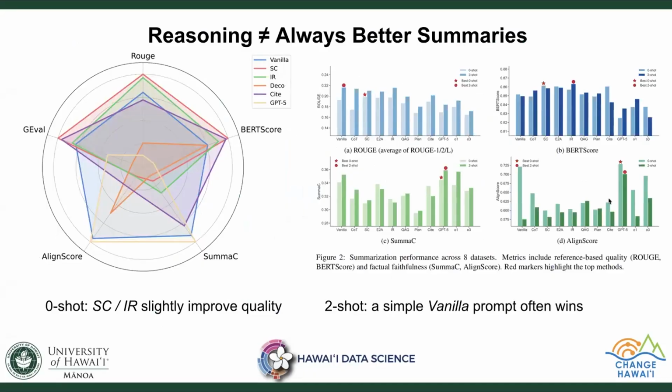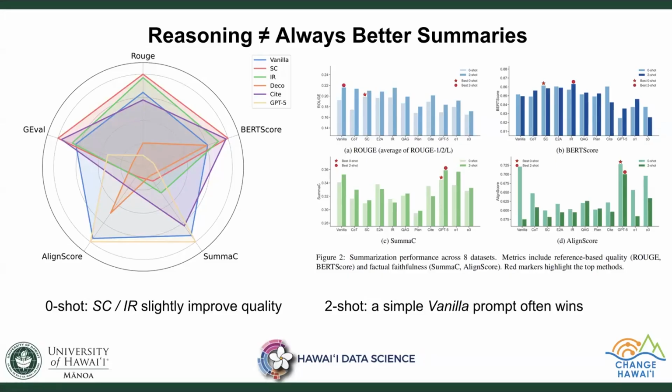Okay, so we have several counterintuitive findings. The first one is that reasoning doesn't always equal better summaries. For example, here we have some different metrics. Metrics like ROUGE and BERTScore are quality metrics, which means your summaries need to be more like the human-written summaries and more fluent to read.